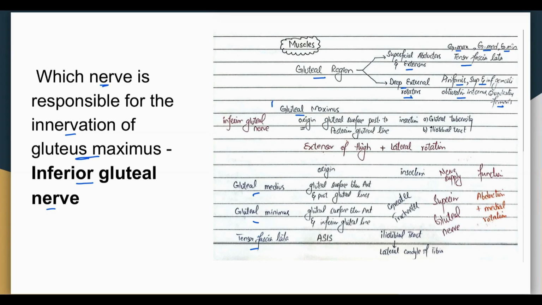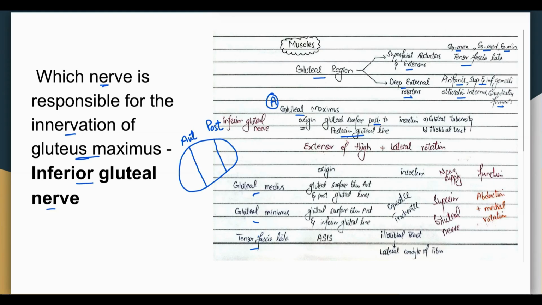So first of all, our first major muscle is the gluteus maximus muscle. It originates from the gluteal surface posterior to the posterior gluteal line. On the iliac crest, if we see, this is divided into three parts. We have the posterior gluteal line and we have the anterior gluteal line.